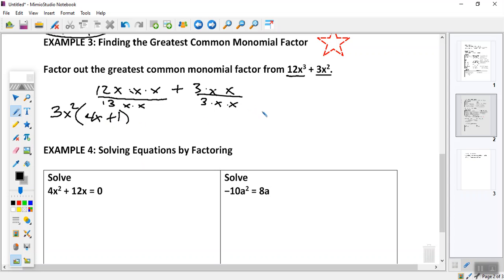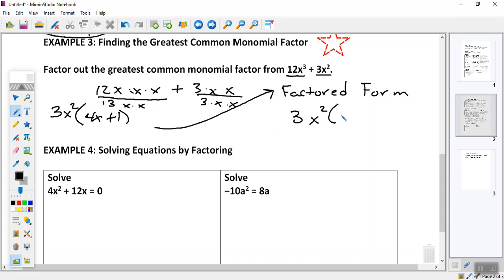Now I've done a bad job of writing this. But kids, your factored form here would look like this. This is the same as 3x squared times 4x plus what? Now I don't know if I'm right, but we could check to see if I am.